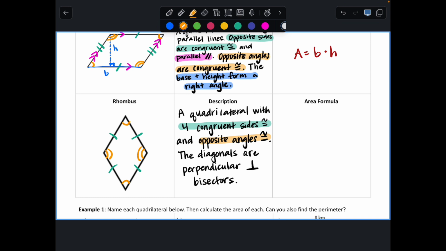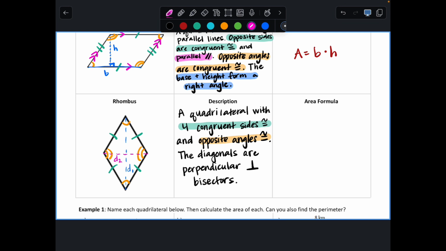The diagonals are perpendicular bisectors. So the first diagonal runs this way. We'll put D1. And the second diagonal runs this way. That's D2.